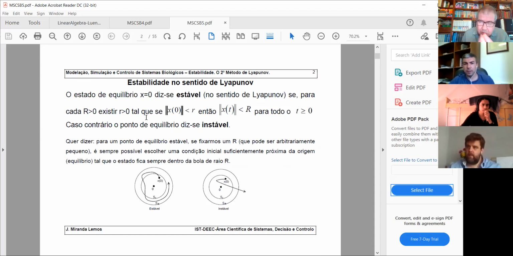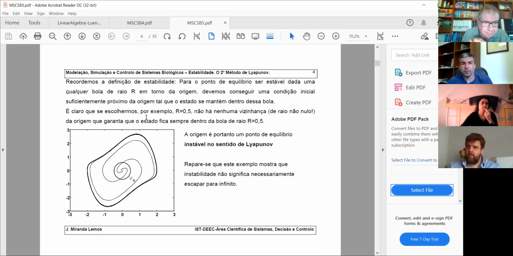So it's not just one point, it's some small circle. And all the trajectories will approach the limit cycle. So I will always go outside your large ball. You see? Yes, I understood.